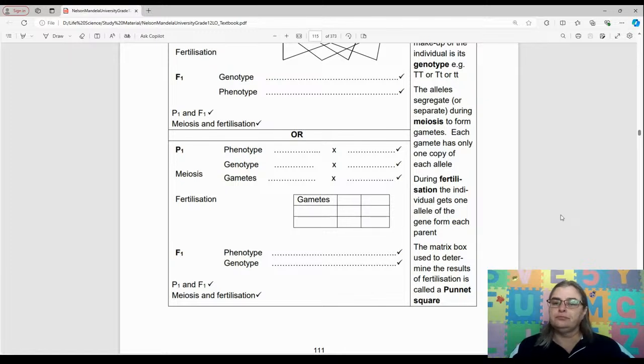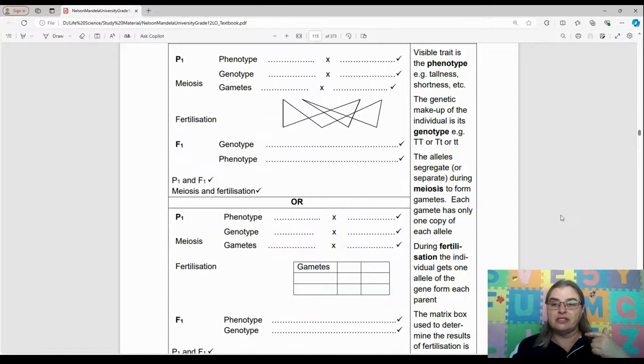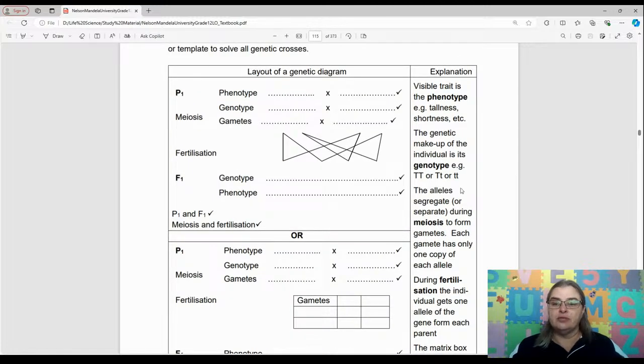So remember that the alleles separate during meiosis to form the gametes. So if we just go back a tiny bit, if you look in the explanation box, the genetic makeup of an individual is its genotype. So whether it's 2 capital T's, or a capital and a small t, or 2 small t's, that's its genotype, okay?